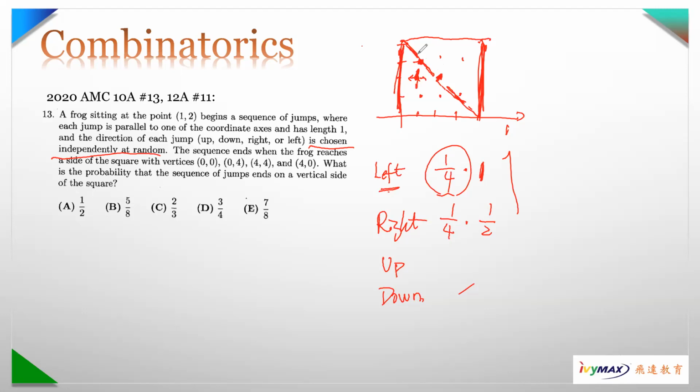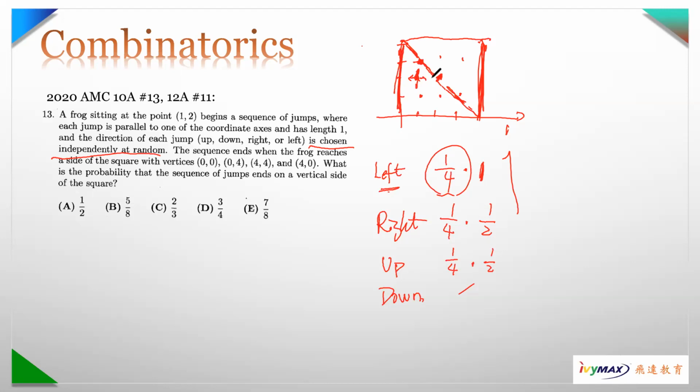So any point on the diagonal should have an even chance to reach the vertical or horizontal edge, right? Hopefully that makes sense. So if it reaches this diagonal, they also have a half chance to reach the vertical, because any starting point on the diagonal has a half chance to reach the vertical, and a half chance to reach the horizontal, because of symmetry.